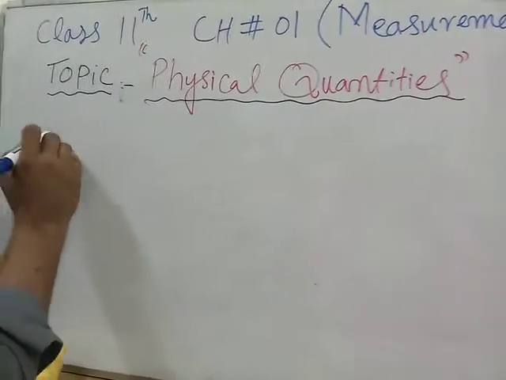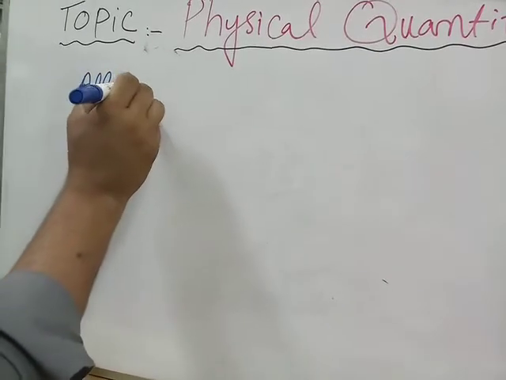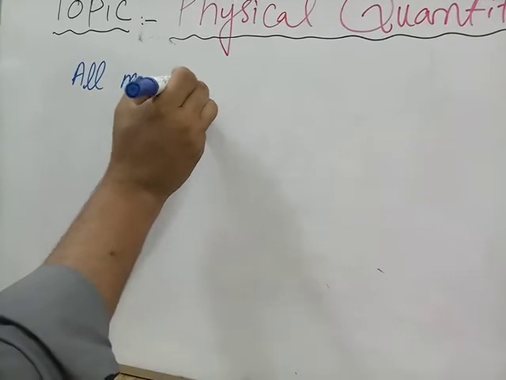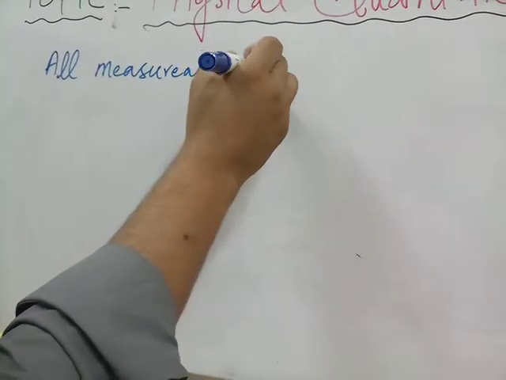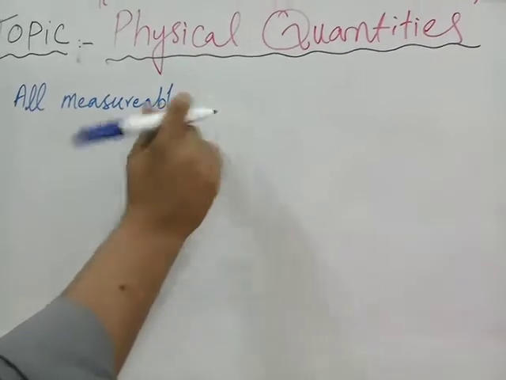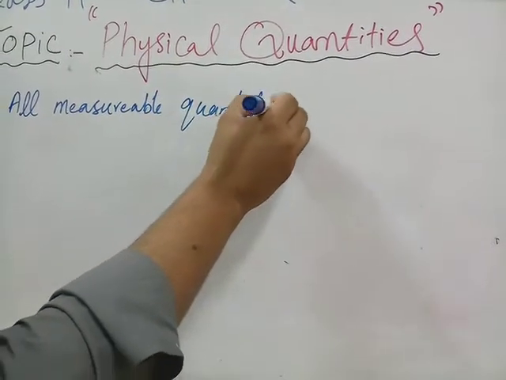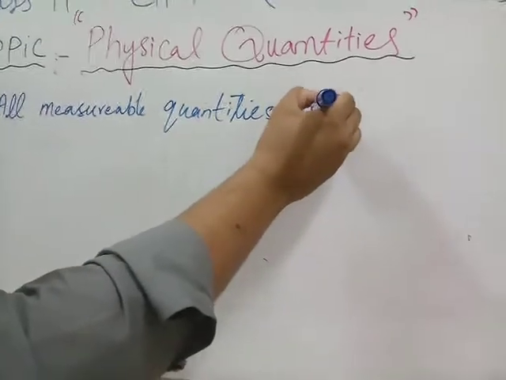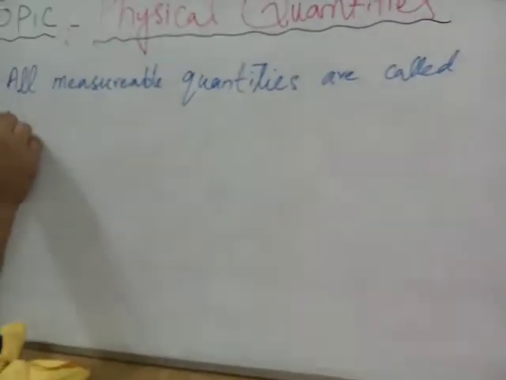It means the definition of physical quantities is: all measurable quantities are called physical quantities.